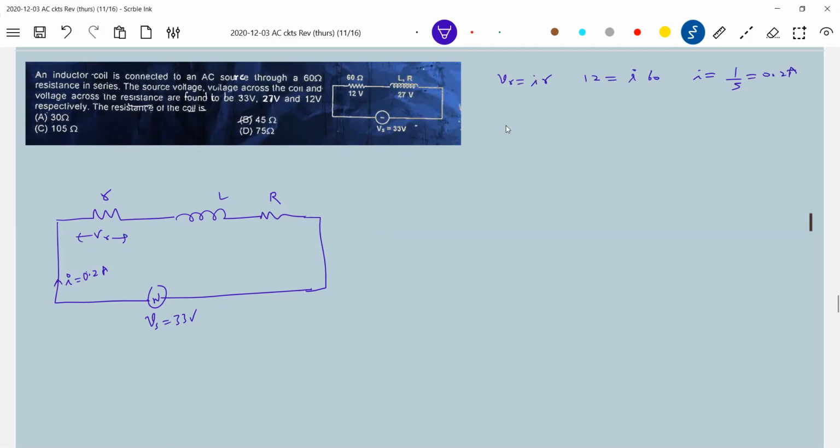The resistance of the coil, that is capital R. I'll change the symbol a little bit, because usually we take that to be the symbol, no? So let me take this as small r.